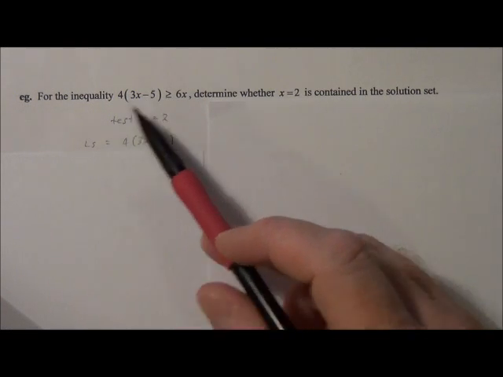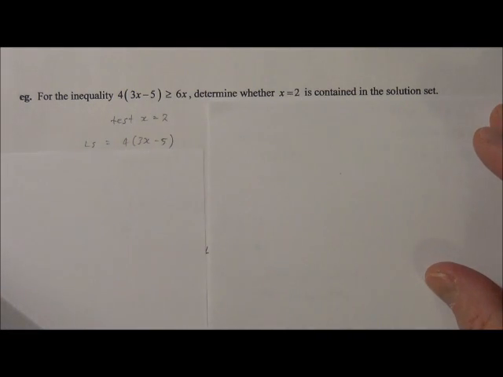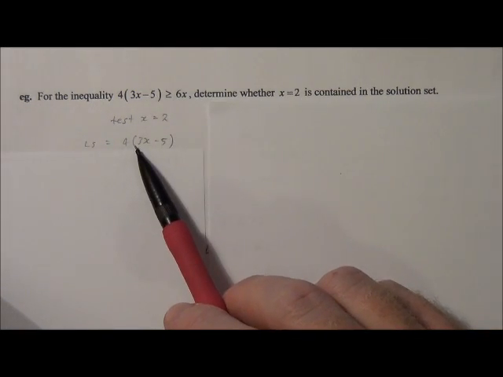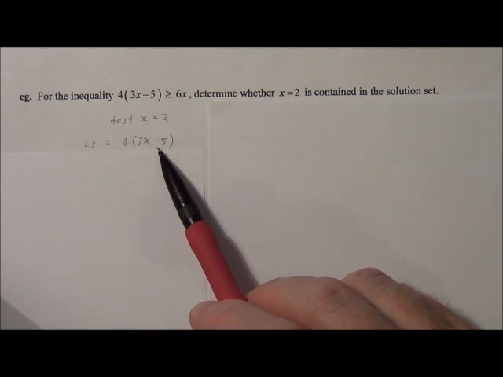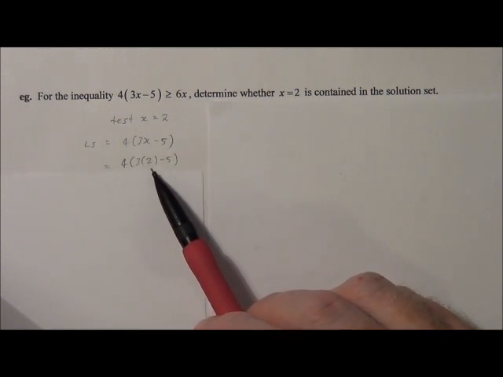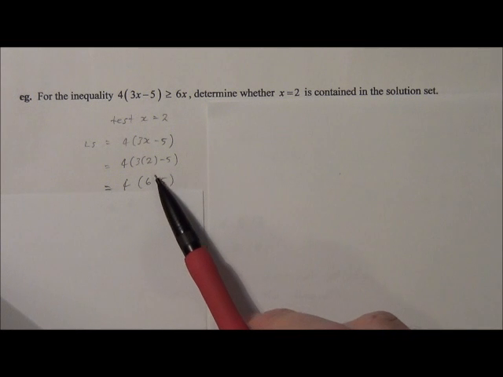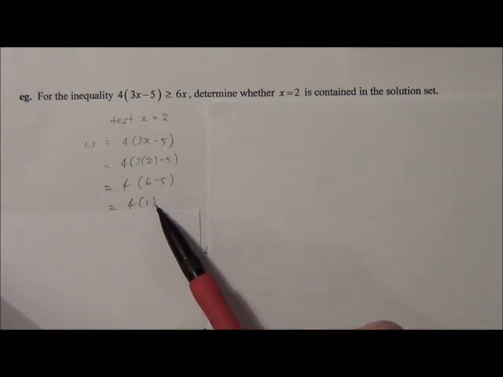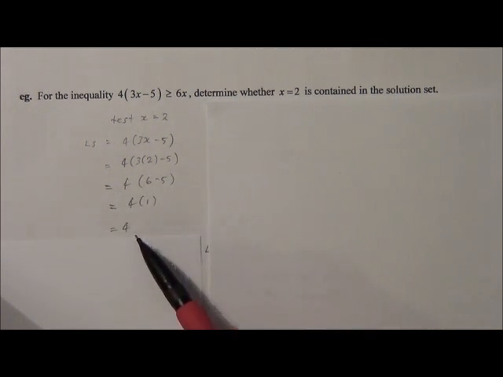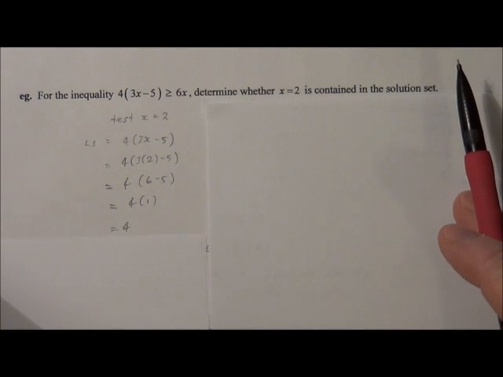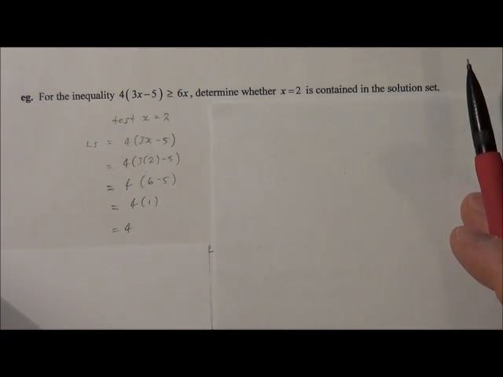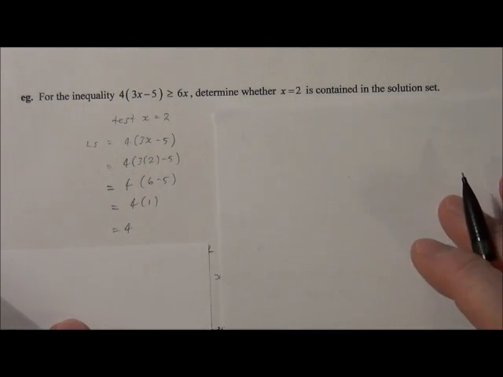So we'll again separate left side and right side. The left side is 4 times the quantity 3x minus 5. Substitute in the 2. Work out the brackets. We get 6 minus 5, which is 1. 4 times 1 is 4. Then we check out the right side.